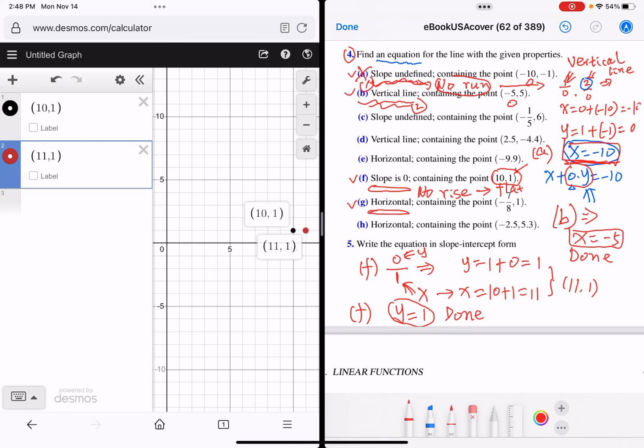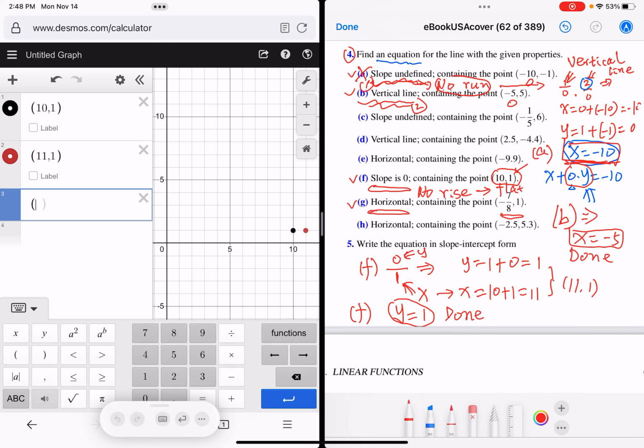Now for this one, the point is (-7/8, 1). Where is that point?